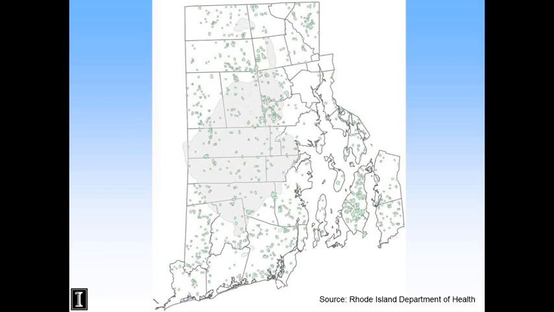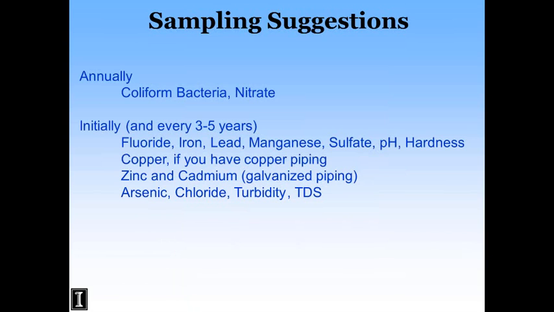And so again, your state may be able to provide you with some guidance on some of the constituents you should test for. What we suggest, and this is partly based on several state agencies, which will be in our resources list eventually, but also from our lab here at the Water Survey.